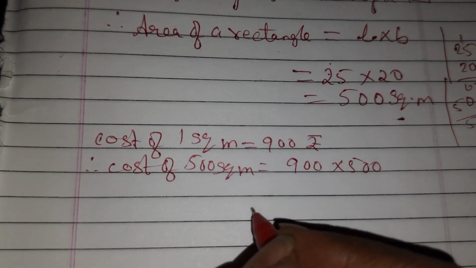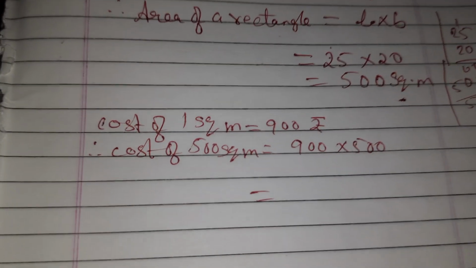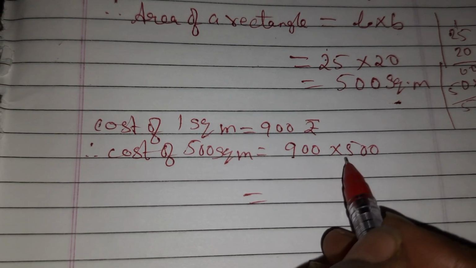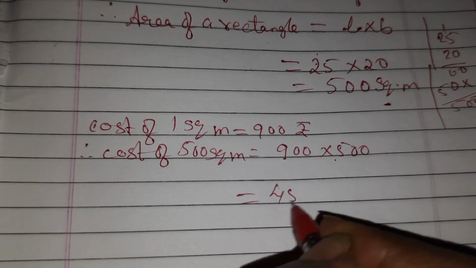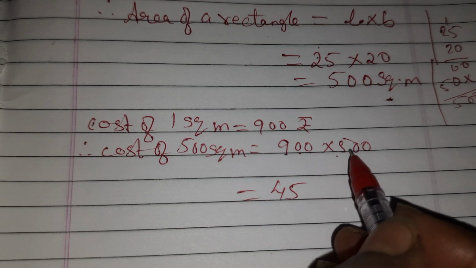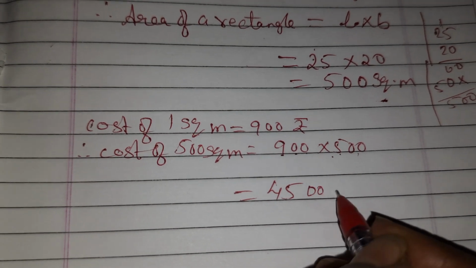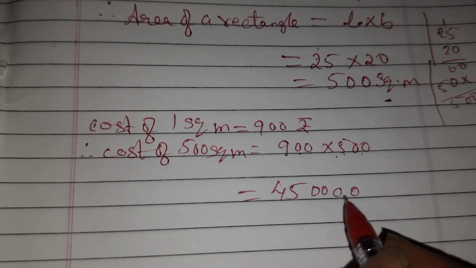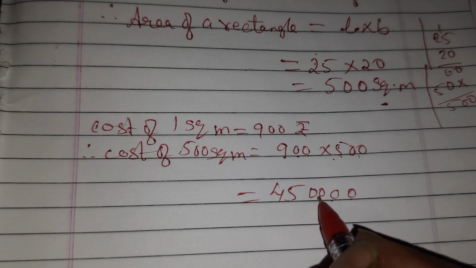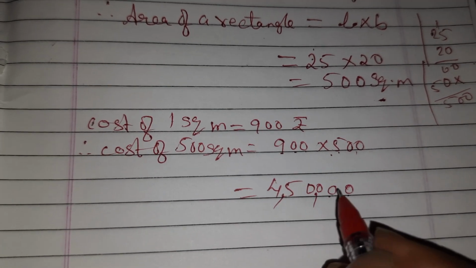Let us multiply. See, simple to multiply. 9 5s are 45, 45 and that many zeros, 1 2 3 4, 1 2 3 4. So that means how much, children? 1 2 3. You can divide, put comma.